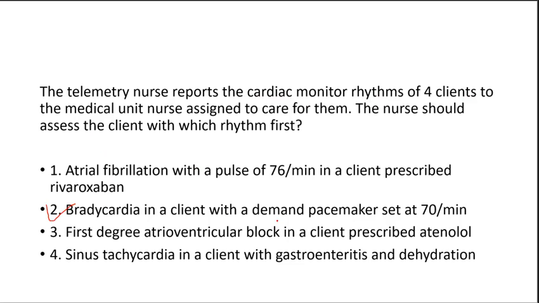Look at this keyword here, demand pacemaker. Remember, with a demand pacemaker, the rate is already set. It is going to be set at 70, and it will override the heart's own pacemaker if the rate goes below 70. But here, what do we see? We are still seeing bradycardia, which is a heart rate of less than 60, in a patient with a demand pacemaker.